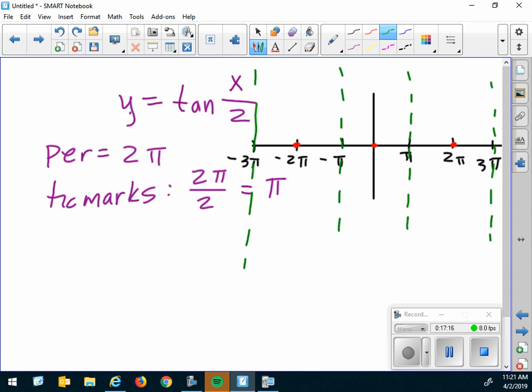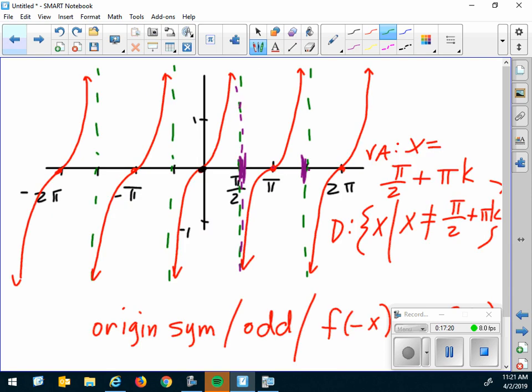Now remember, just for easiness, tangent always goes up to the right. Now, I need you to understand something about why that is. This section right here, from 0 to pi over 2, is what quadrant? It's the first quadrant, isn't it? 0 to pi over 2 is quadrant 1.